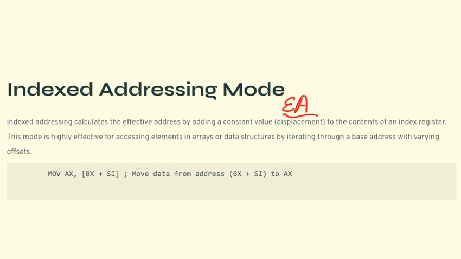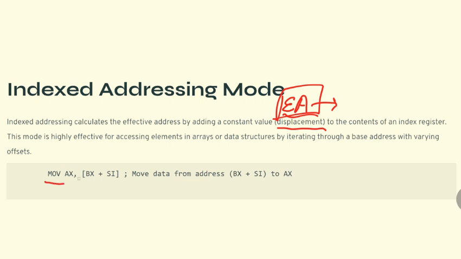By adding a constant value, or displacement, with an index register. Whatever answer we get, that is my effective address, and from that effective address I will get my data.